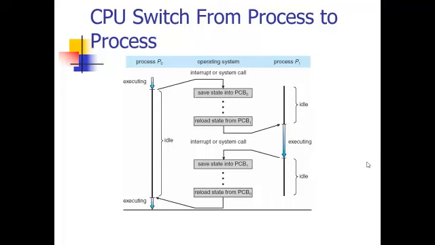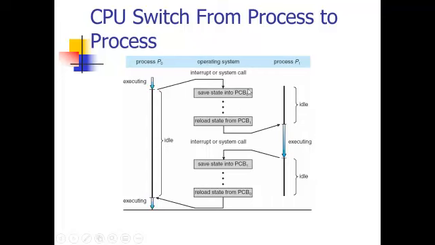For example, it requires certain input output operations, so it can stop. When it stops execution, the state of P0 should be saved, and you can see it is saved in PCB0, that is the process control block associated with P0.